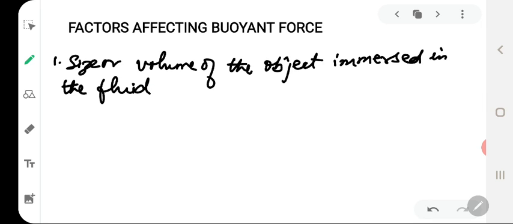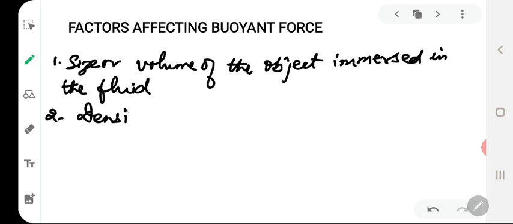This means the larger the size or volume of the body immersed in a fluid, the greater is the buoyant force or upthrust acting on it. Buoyant force or upthrust is directly proportional to the volume of the body immersed in a fluid.